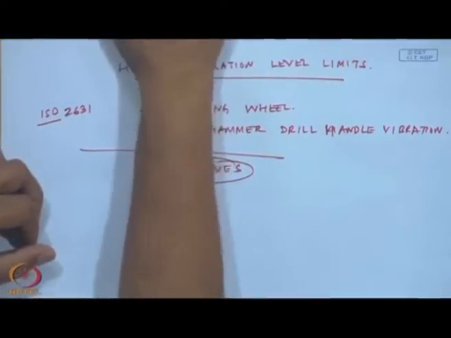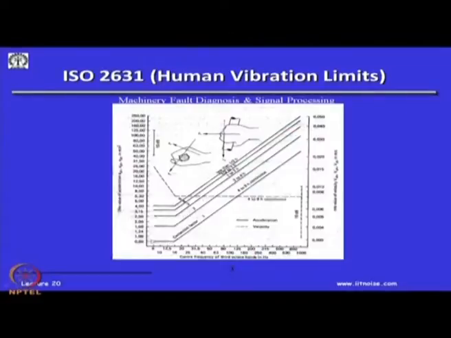If you look here, this is the permissible limit, ISO 2631 human vibration limits, for different frequency bands in octave, in 1/3 octave, till about 1000 hertz, on the x axis. This curve shows the RMS values of the velocity, and this line shows the RMS values of the acceleration.